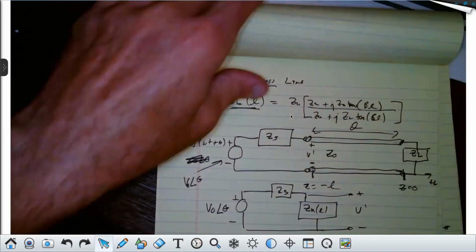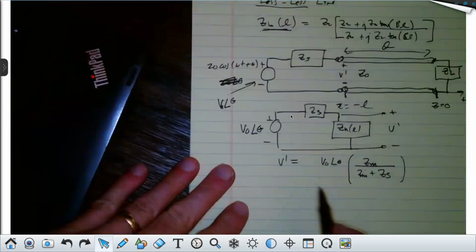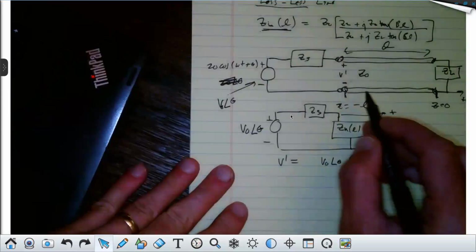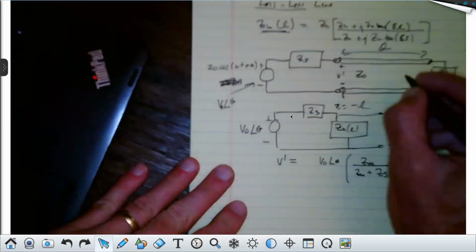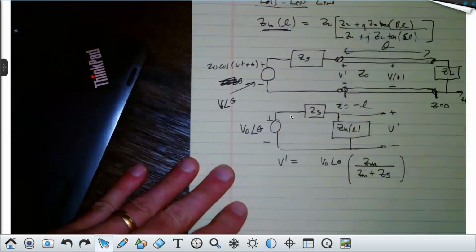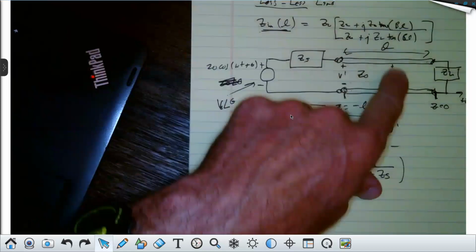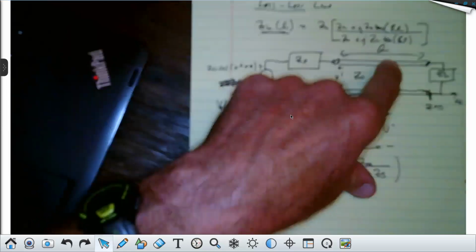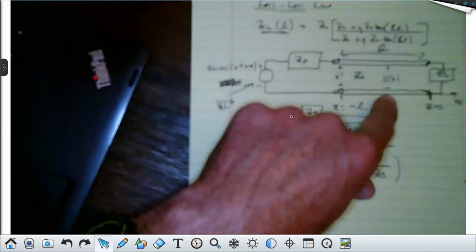Now, because of that, remember the voltage anywhere on a transmission line. When I say the voltage, some V of z is the voltage at any point z between the upper and lower conductor, right? It's a differential voltage.